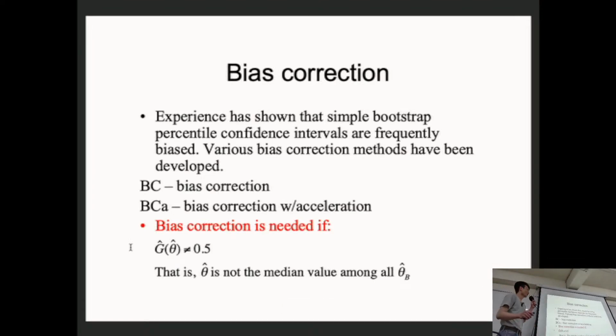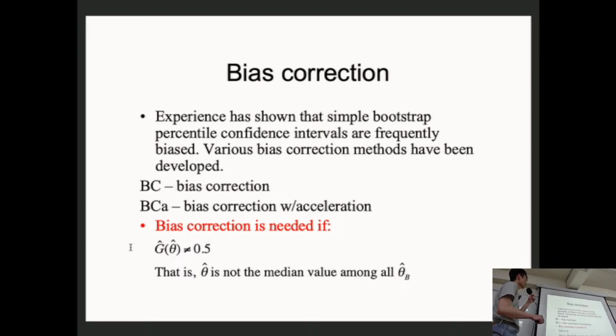All right. However, experience has shown that these simple bootstrap percentile confidence intervals are frequently biased. Okay, and then we will introduce two ways of making a bias correction. One is the simple way called BC, bias correction, and another one is called BCa, bias correction with acceleration. I'll explain what I mean by acceleration.